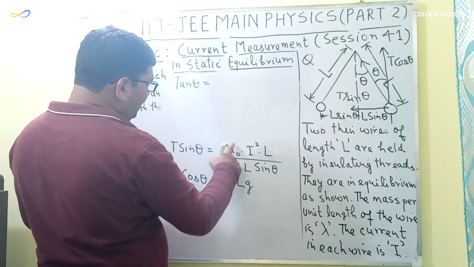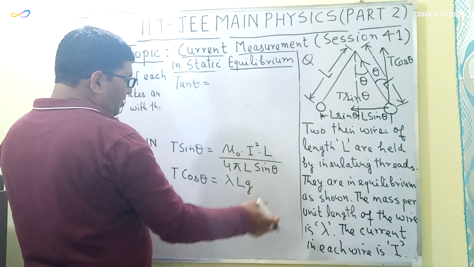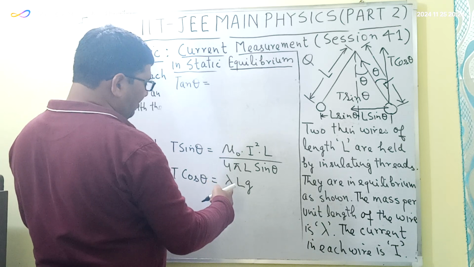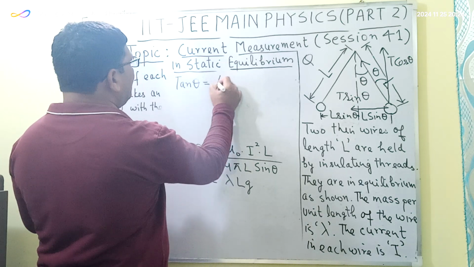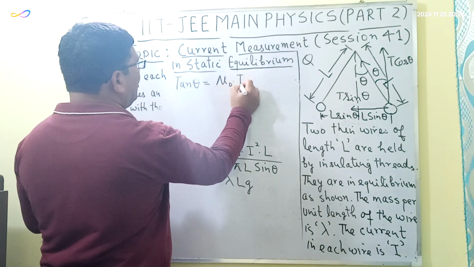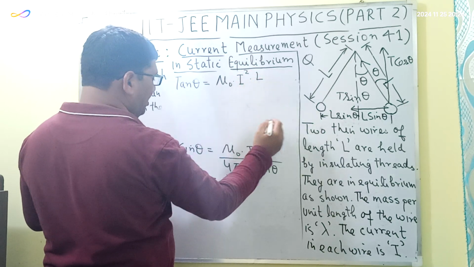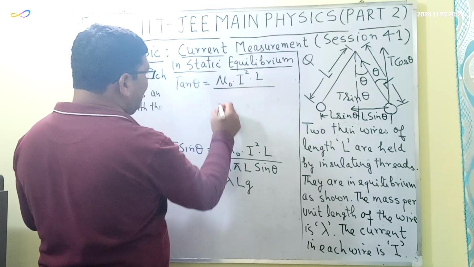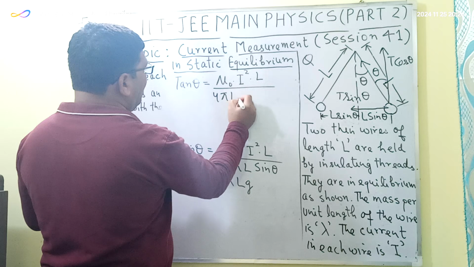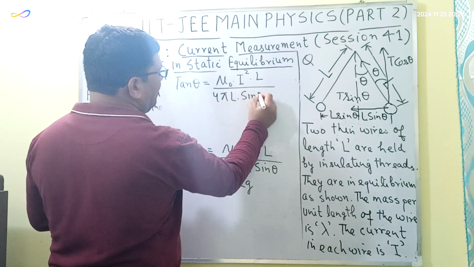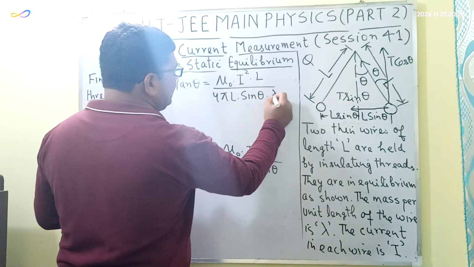And if I divide the terms on the right side of this equation, I will get mu naught I square L divided by 4 pi L sin theta into lambda Lg.